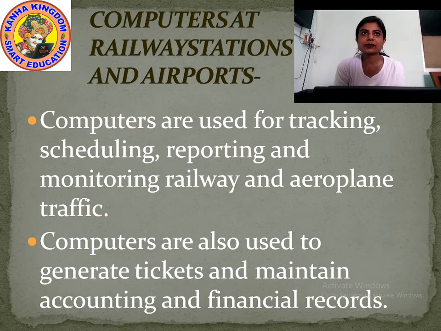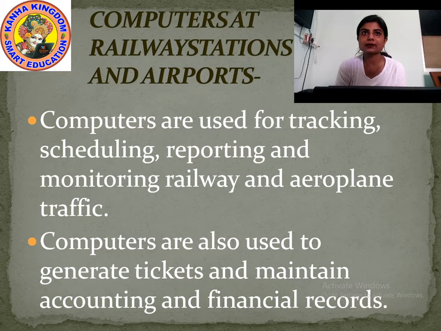Now, what are the uses of computers at railway stations and airport? Why do we use computer at railway station and in airports? Okay. Computers are used for tracking, scheduling, reporting and monitoring railway and aeroplane traffic.